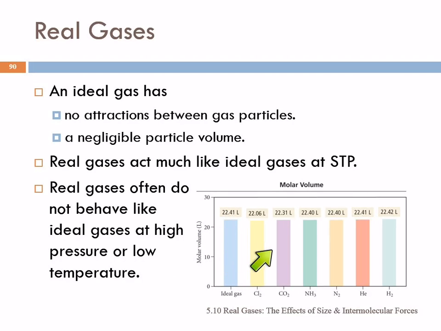And we compare chlorine, carbon dioxide, ammonia, nitrogen, helium, and hydrogen, all real gases, actual measurements. Their molar volumes are very close to that of an ideal gas. And we see that helium and hydrogen and ammonia, well, actually all of these guys at the end, are very, very close. Carbon dioxide and chlorine are a little bit off.